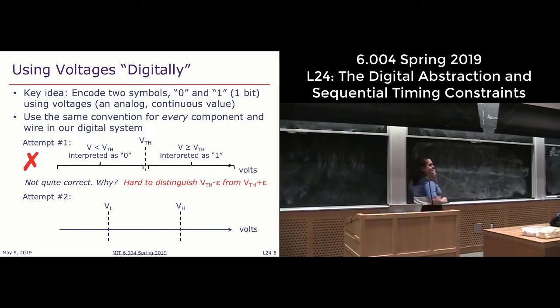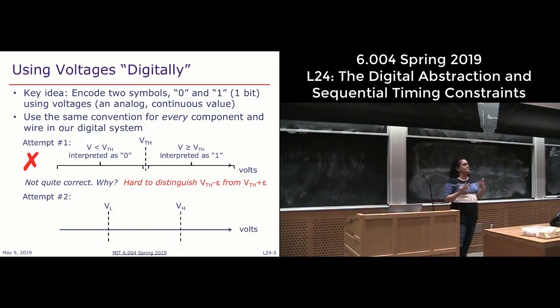So here's our second attempt, which is that we're going to separate our low and our high thresholds so that we don't have the ability to make that mistake, because of a tiny little epsilon, of picking 1 when we wanted it to be a 0 and vice versa. So here, in the second attempt, I have two thresholds.